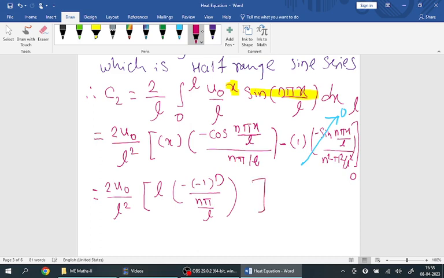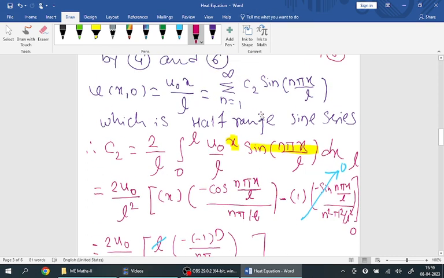This l comes in the numerator, but actually all the l cancels, this l and this l square. Everything gets cancelled, and we are left with 2u0 minus 1 raised to n plus 1 upon n pi. So that is the value we got for C2.